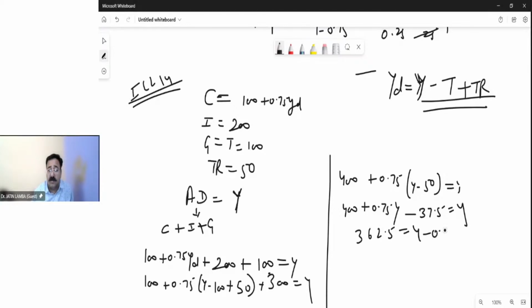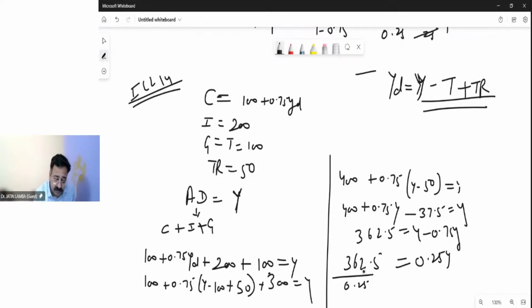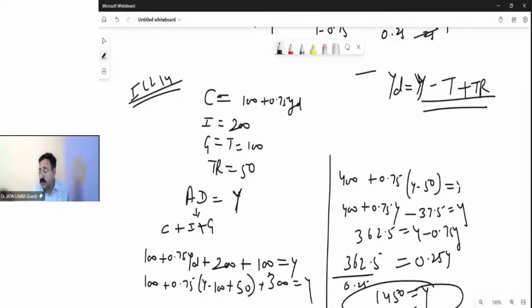Y minus 0.75 Y, that is 0.25 Y. Then 362.5 divided by 0.25 is 1450. So the equilibrium level of income is 1450. Right? So this is the answer. Is it clear, children? If you have any doubt, you can ask.